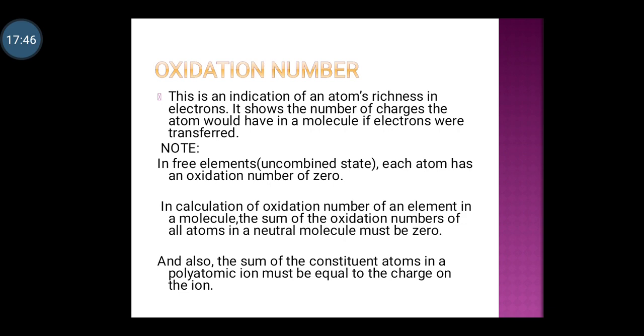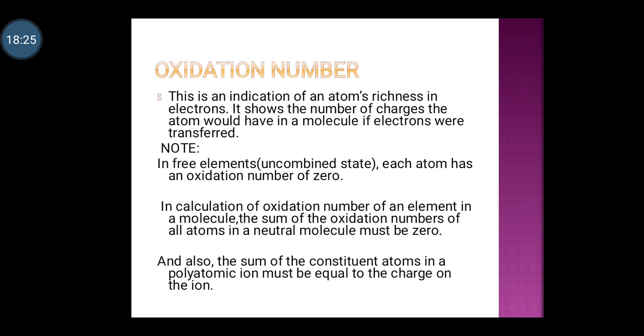The last one is that the sum of the oxidation numbers of the constituent atoms in a polyatomic ion must be equal to the charge on the ion. Remember, an ion is an element with a charge. It could be a positive charge or a negative charge. A polyatomic ion is an ion that contains more than one element.